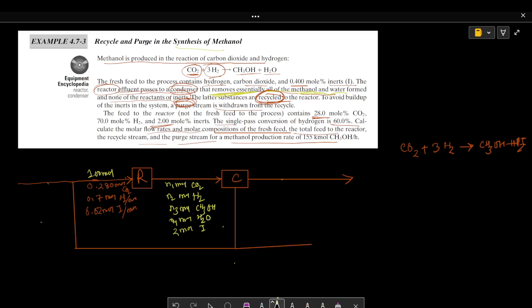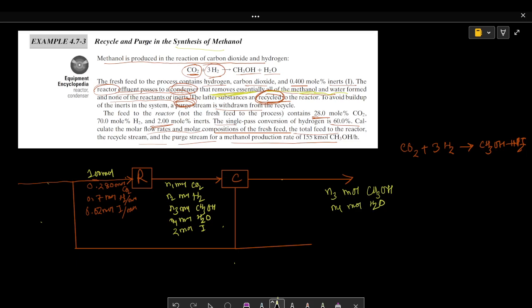So our product will be only the n3 mole CH3OH just produced in the reactor and n4 mole H2O. So this is our product stream, and there is no inert in this stream.